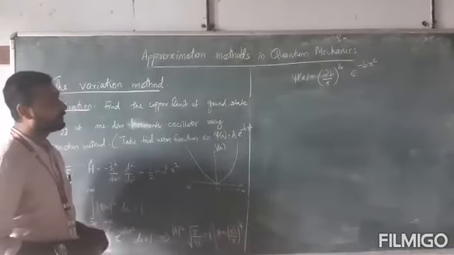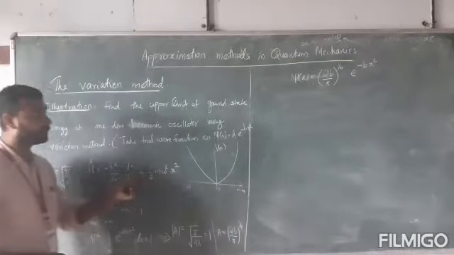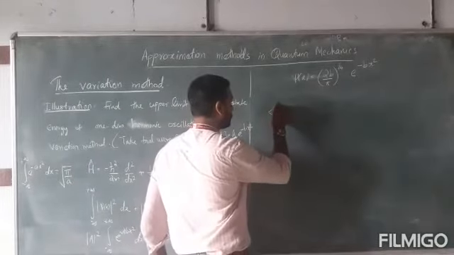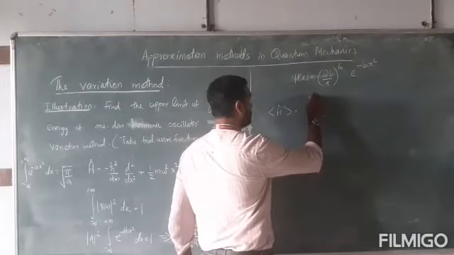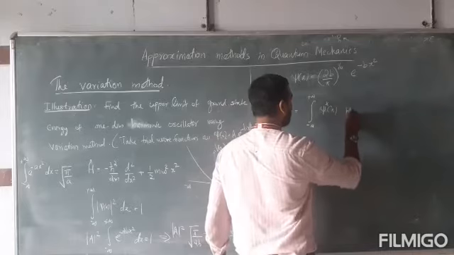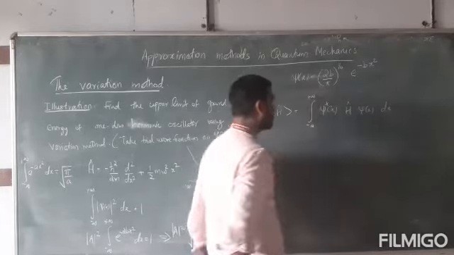Okay, so next we can find the expectation of the Hamiltonian in terms of this wave function. That would be the integral from minus infinity to plus infinity of psi star of x H psi of x dx.